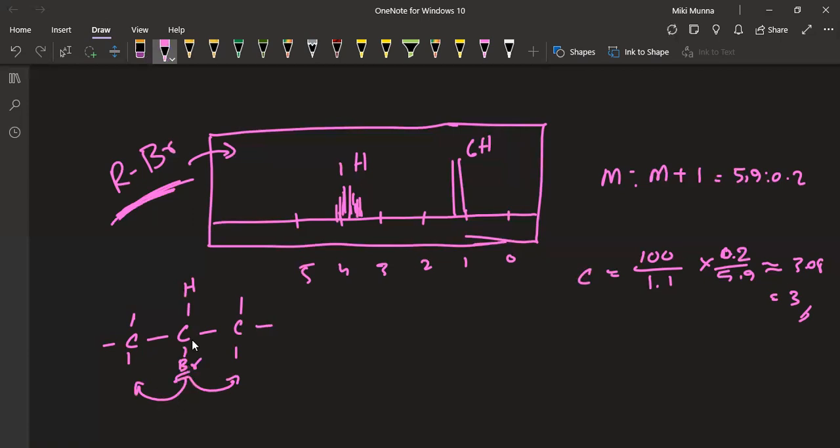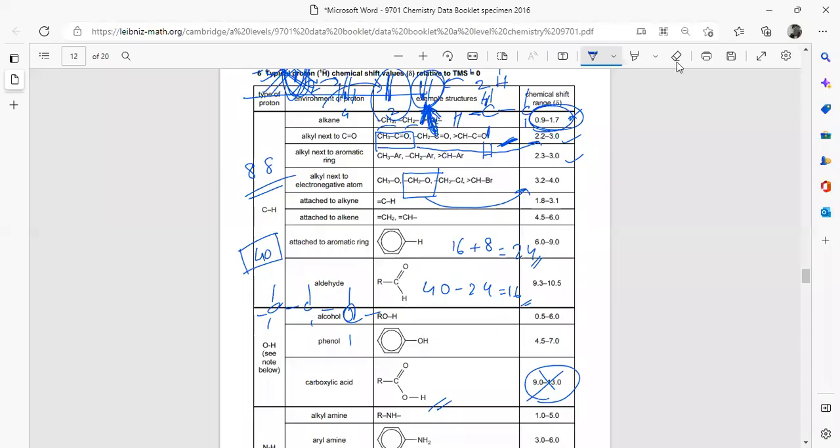So we can say about the readings that for the CH3 group, the reading we got was from 1.2 to something. And for the other part, let's go to the data booklet, because we need the data booklet. Now, over here, do we have any halogenoalkane? Yes, we have a halogenoalkane present.